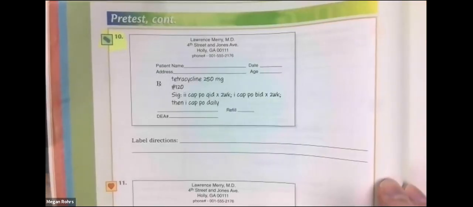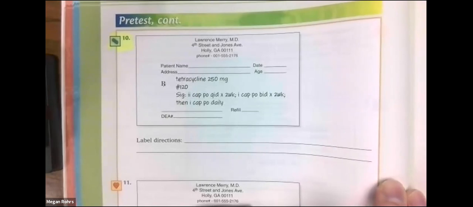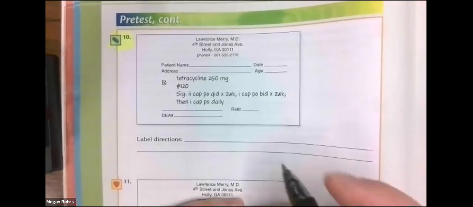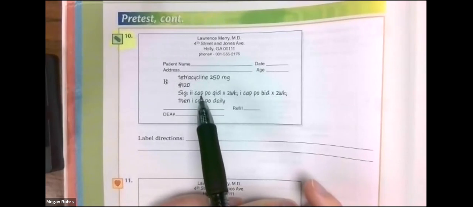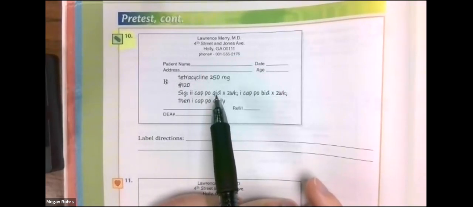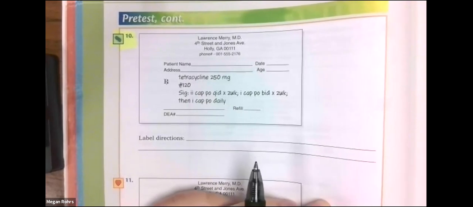Okay, now I'm on page 122, looking at number 10 here. So we're going to read these directions now. So here we have 2 capsules by mouth 4 times a day for 2 weeks.